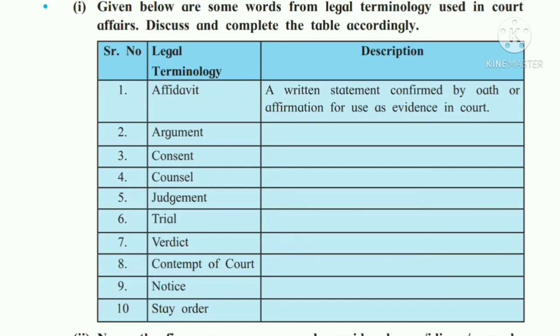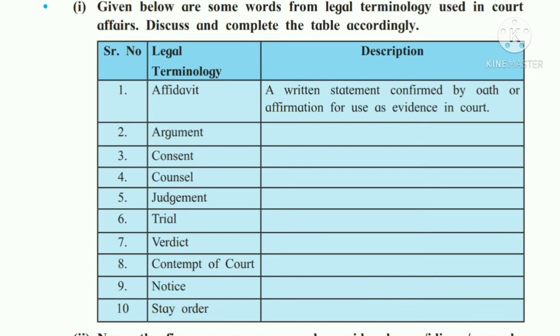Contempt of court, disobeying court order. Now notice, asked to do something. Notice means it is the information that you are supposed to do something. This is a notice, we are supposed to follow some rules.